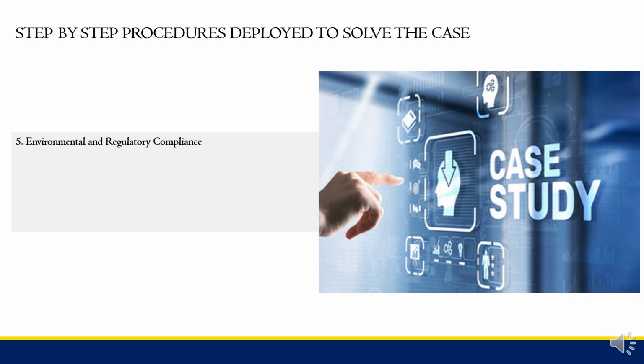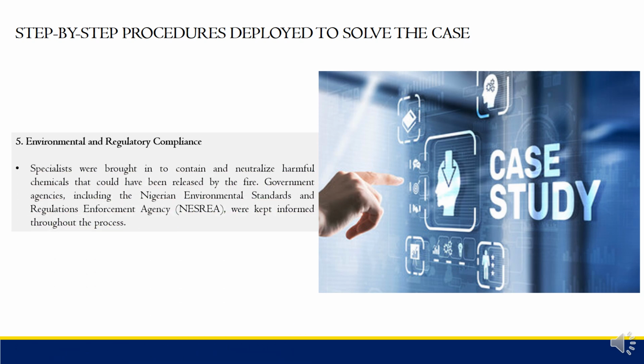Environmental and regulatory compliance. Specialists were brought in to contain and neutralize harmful chemicals that could have been released by the fire. Government agencies, including the Nigerian Environmental Standards and Regulations Enforcement Agency, were kept informed throughout the process.